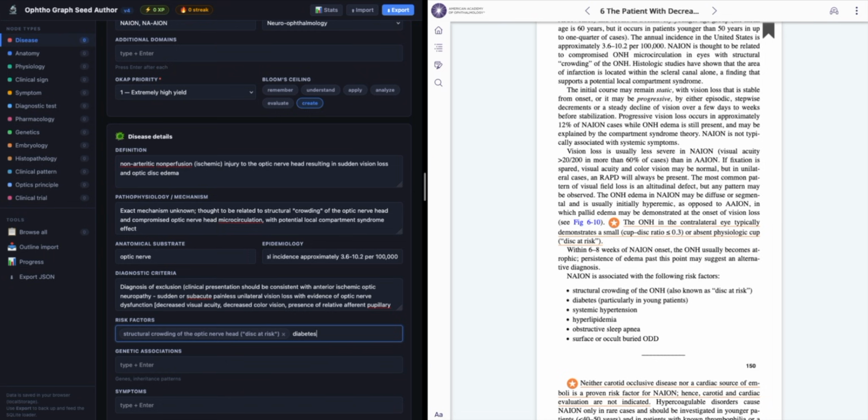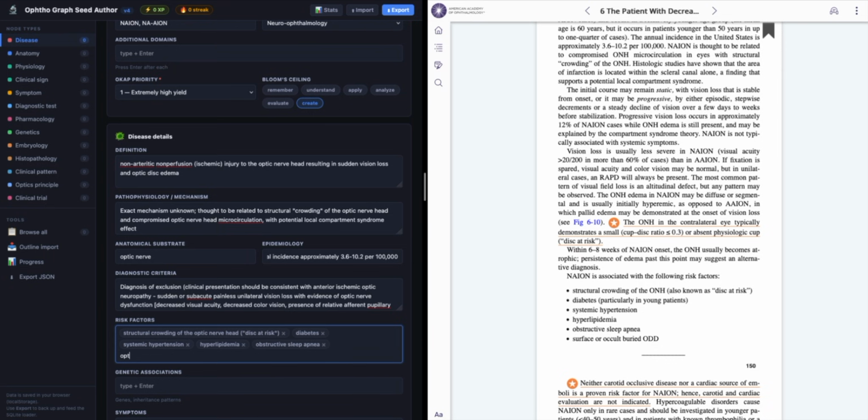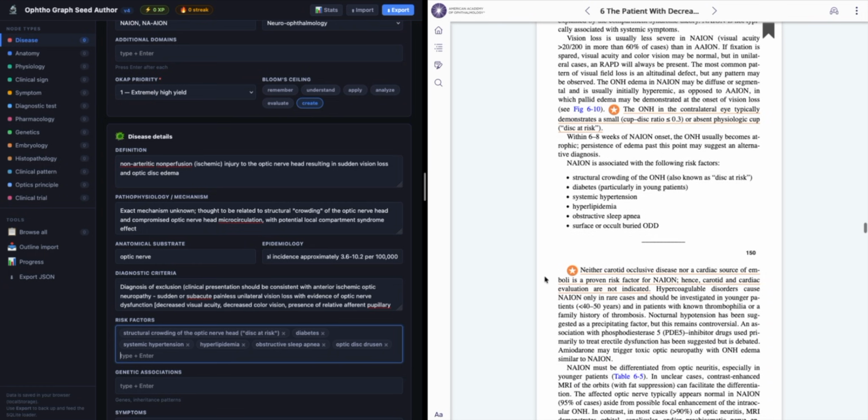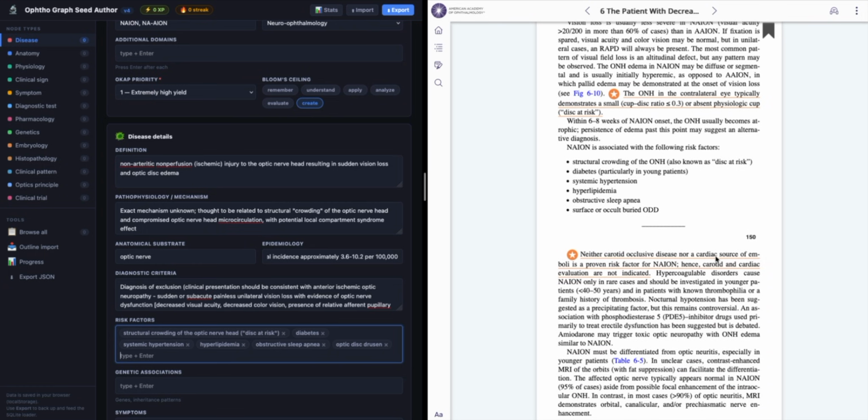And there's diabetes, systemic hypertension, hyperlipidemia, obstructive sleep apnea, optic disc drusen. And then we do not have to worry about putting in carotid and cardiac evaluation on here. And then hypercoagulable disorders can cause it in rare cases. So we'll put that in as a rare finding.